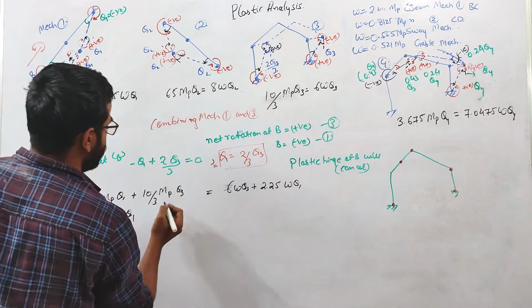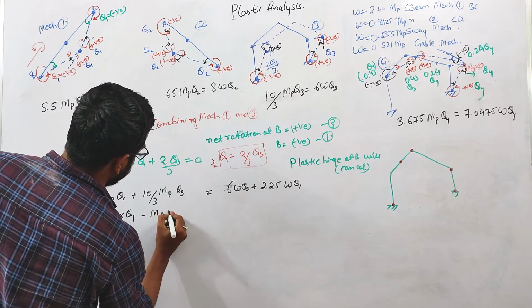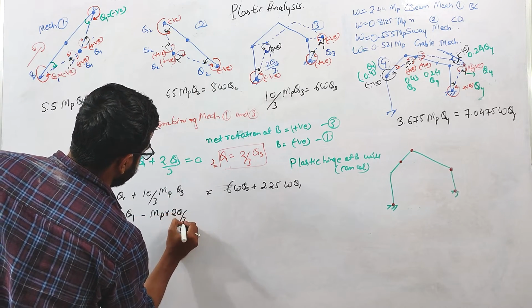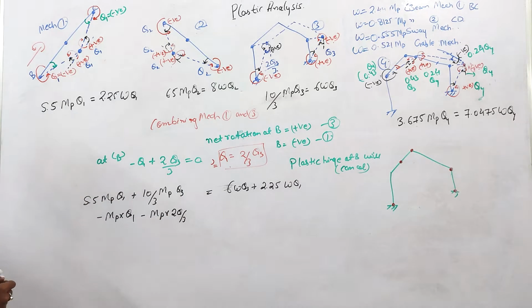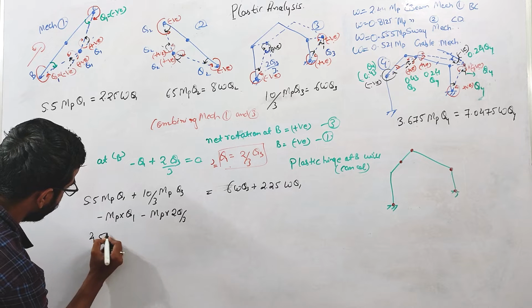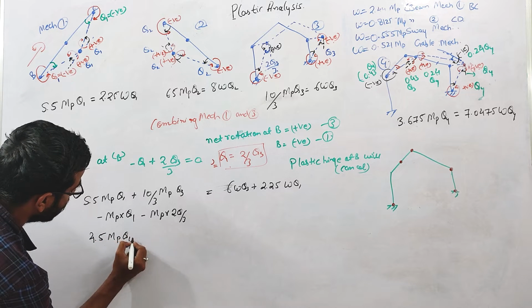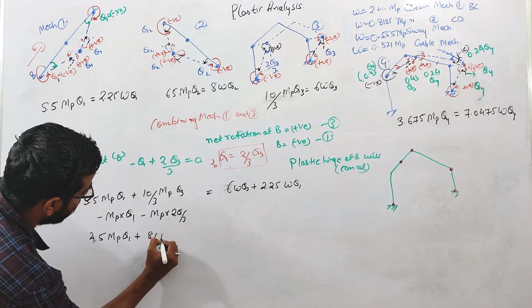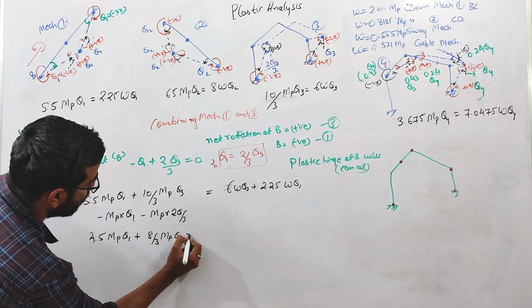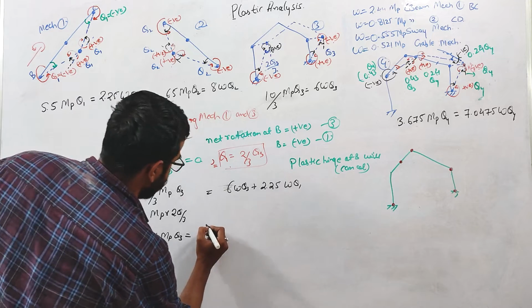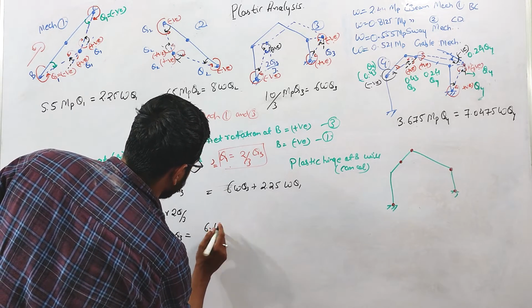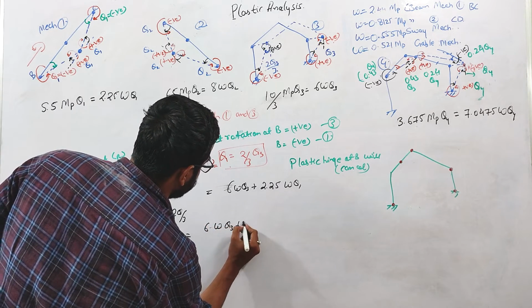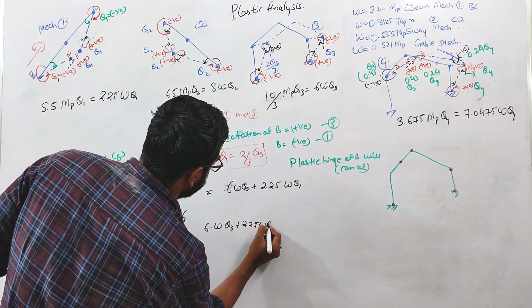Similarly, for this other mechanism, it will be MP into 2 theta by 3, right? So if you solve this, it will be 4.5 MP theta 1 plus 8 by 3 MP theta 3, and this equals 6 W theta 3 plus 2.25 W theta 1.